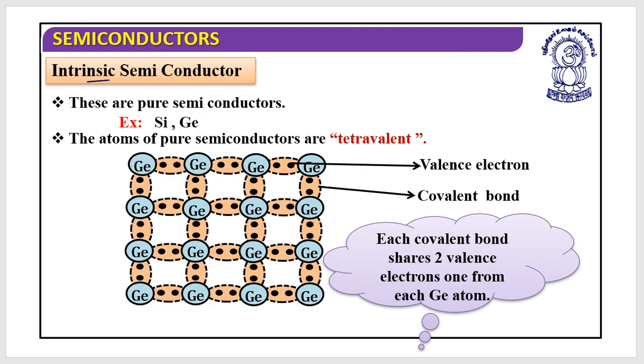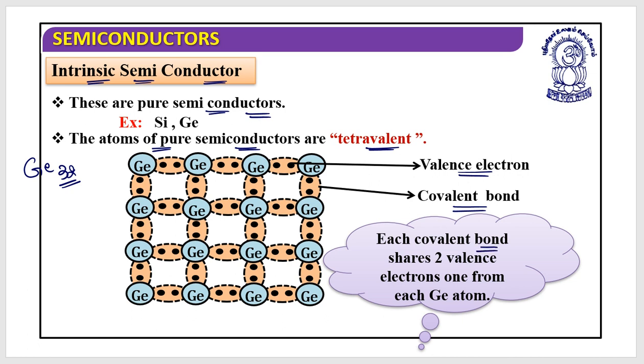Intrinsic semiconductors are pure semiconductors, which means we have not added any impurity to them. Here the lattice of germanium has been shown, and you can see the crystalline structure of the germanium atom, Ge32. It has four electrons in its last shell, which are the valence electrons, and it forms covalent bonds with its nearby germanium atoms.